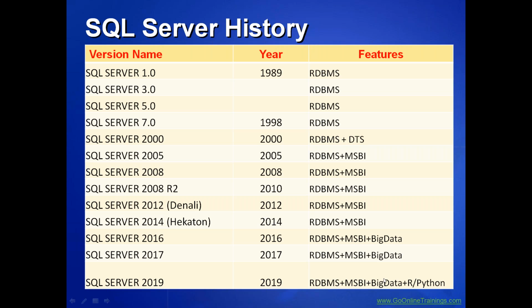In this, they have integration with big data also. That means, as I told you, Hadoop is storing data and processing data. MSBA can go there and get the data. You can process it. So that is what big data integration is.